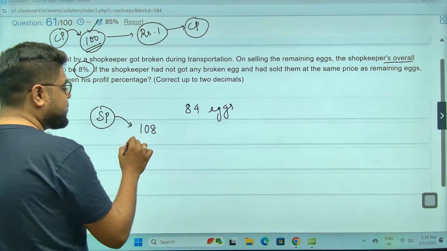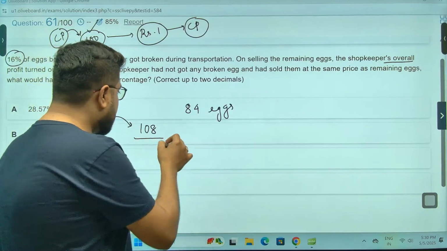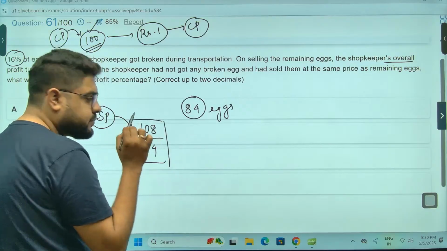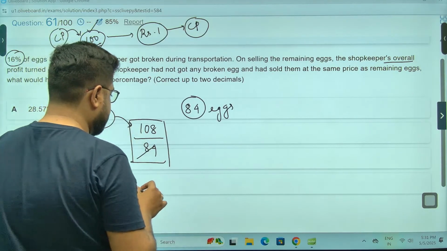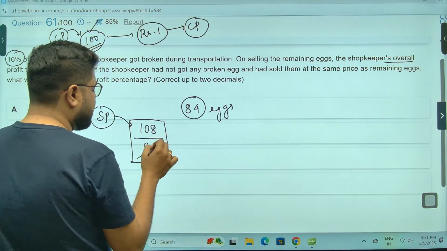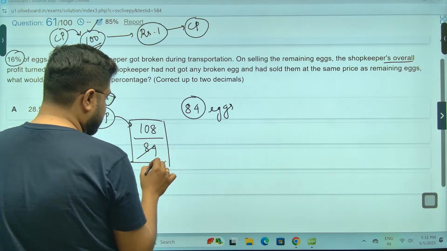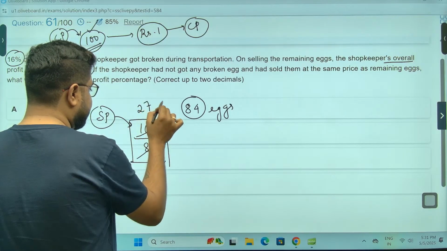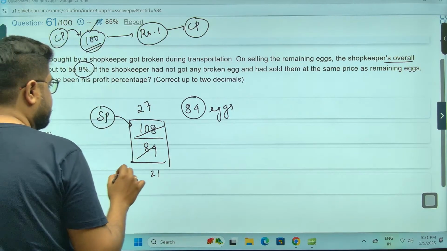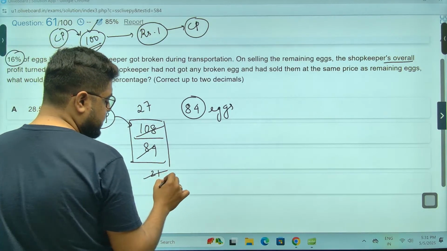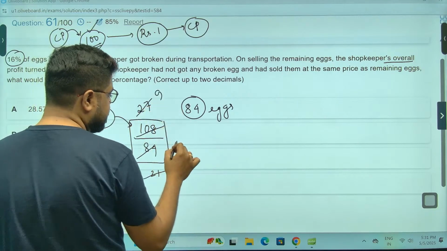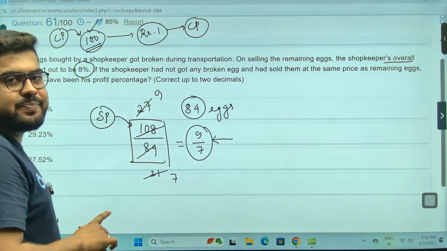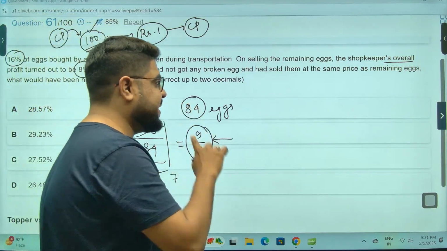This is the total selling price for these many eggs. 4 twos are 8, 4 sevens are 28. So 3 sevens are 21, 3 nines are 27. So SP is 9 by 7 rupees per egg.